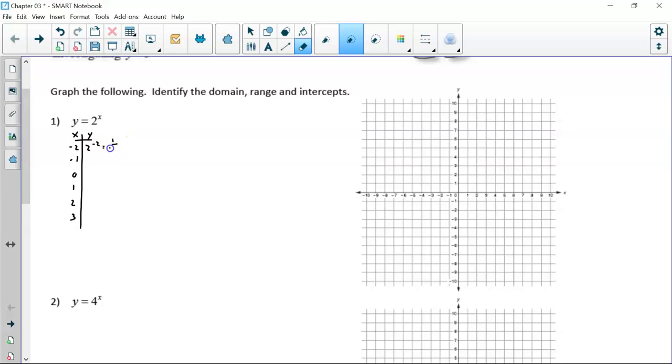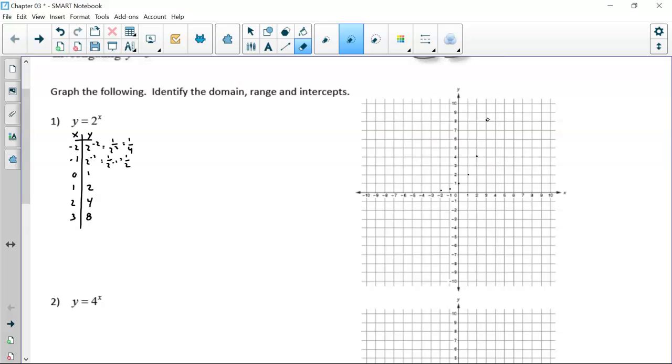So it's 1 over 2 squared, which is 1/4. 2 to the negative first is 1 over 2 to the first, which is 1/2. 2 to the 0 is 1. 2 to the first is 2. 2 squared is 4, and 2 to the third is 8. So we have 1/4, 1/2, 1, 2, 4, and 8.